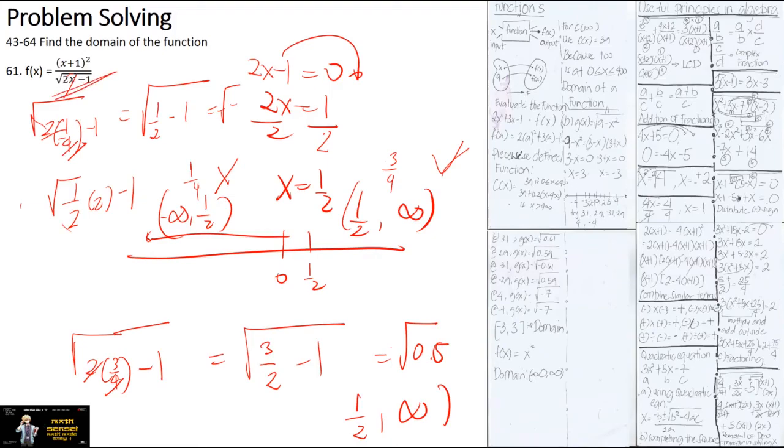Sinubstitute ko yung 1/2. Kasi sabi ko nga, kailangan natin mag-decide dito kung bracket or parenthesis. So, lumalabas, magiging sagot ay square root of 1 minus 1, so that's square root of 0. Pag nag-0 to, at may number sa taas, undefined. So, hindi kasama yung 1/2. Kailangan, naka-parenthesis lang. Okay.